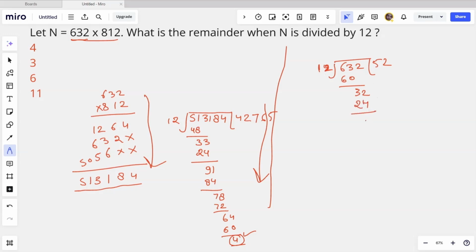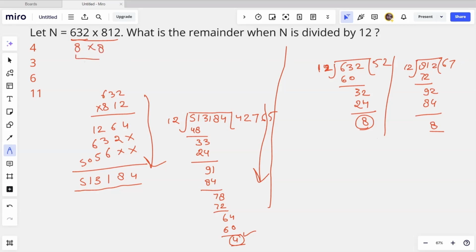The remainder is 8. Now let's try to divide 812 by 12. 672, and the remainder will be 9 and 2. 7 twelves are 84, it will become 8. Now the result of this is 8 into 8.